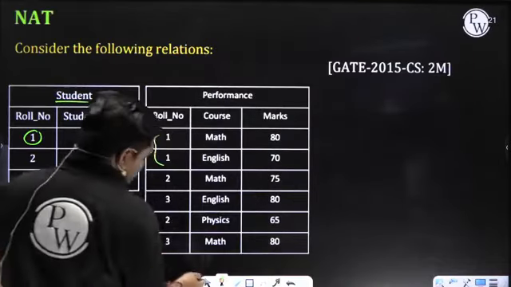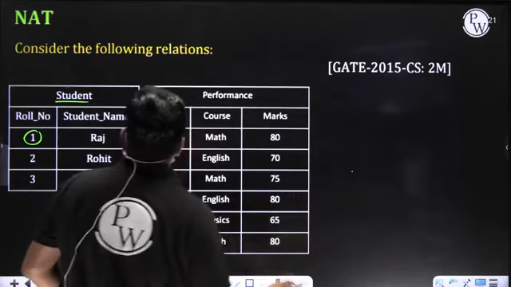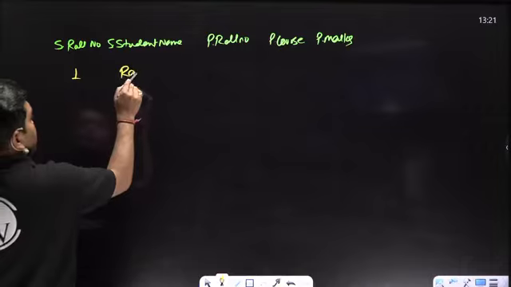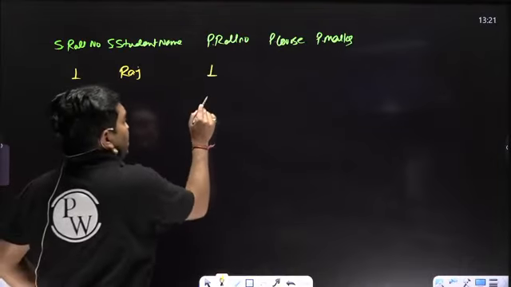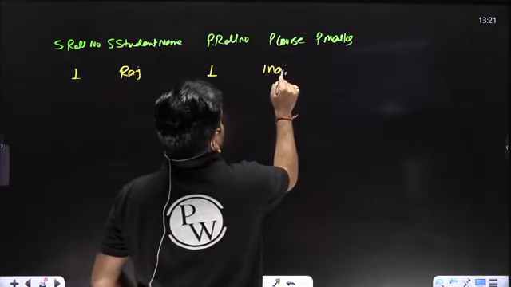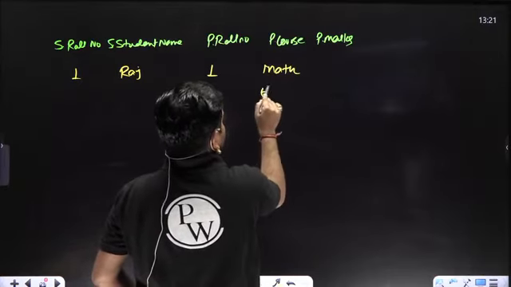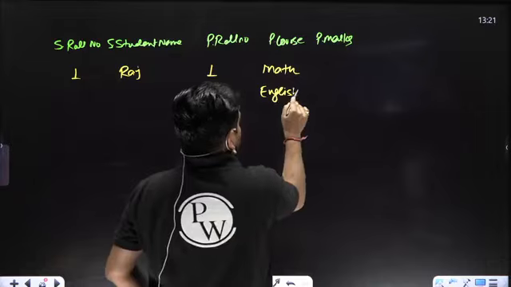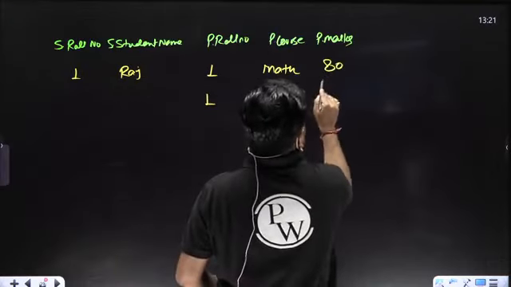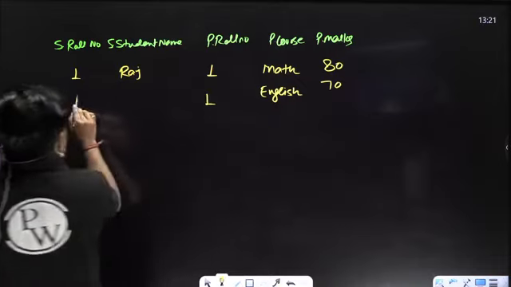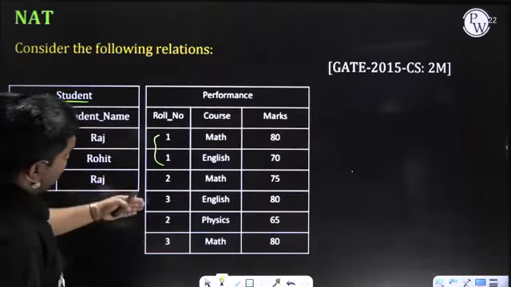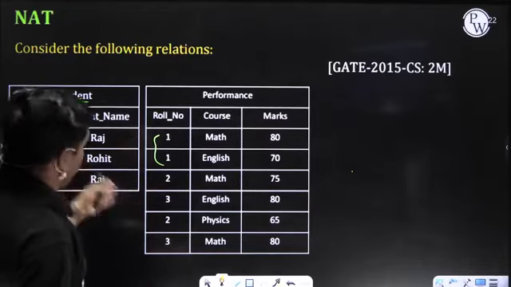So one Raj here matches with 1 and 1: Math, English, 80 and 70. Only these tuples are matching for one Raj. We know in total we are getting 6 into 3, 18 tuples.